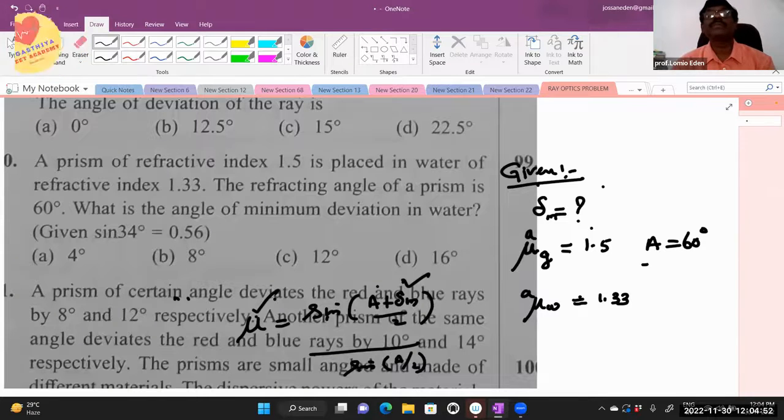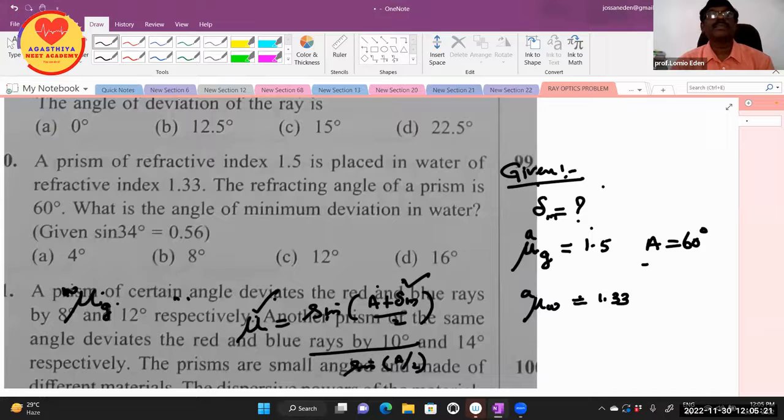Therefore, how to find out the refractive index of the prism with respect to water? It is immersed in water.